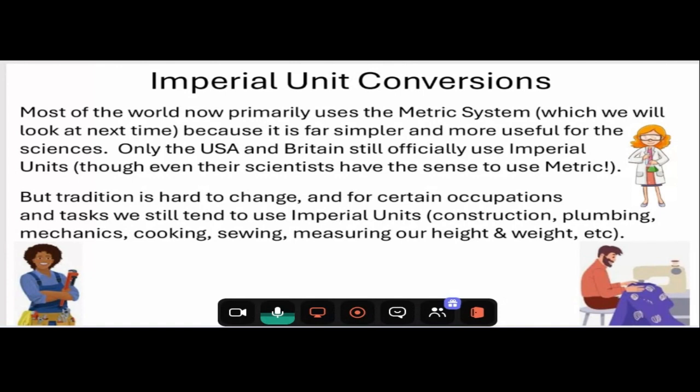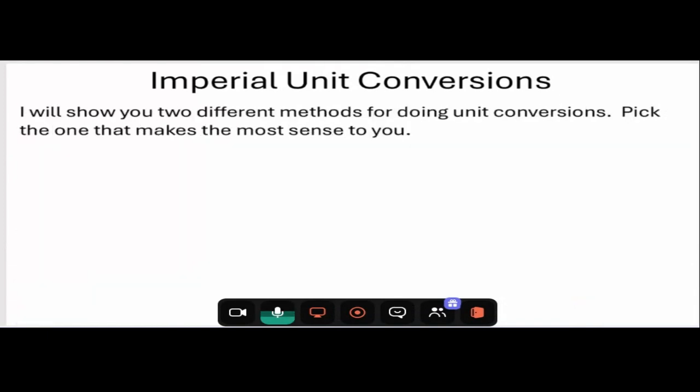When you're cooking, you probably are using cups and teaspoons and tablespoons as often as you're using milliliters, or maybe more often you're using cups, so imperial measurements. When we talk about our height and our weight, we usually say, I'm 5'10" and I'm 140 pounds. That's very inaccurate for me, by the way. That was somebody else talking. So we still often talk in imperial, even though we are technically on metric. So these things tend to come up.